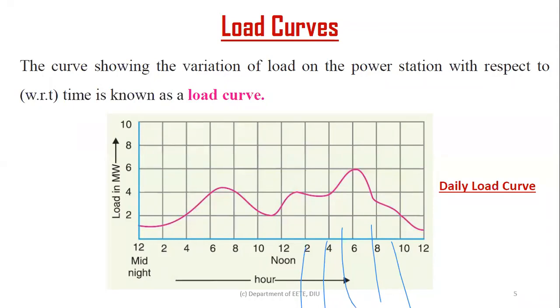So always take a greater value than 6 megawatt, which is called reserve capacity. Suppose the demand is 6 megawatt, we should select the power station capacity as 8 megawatt.